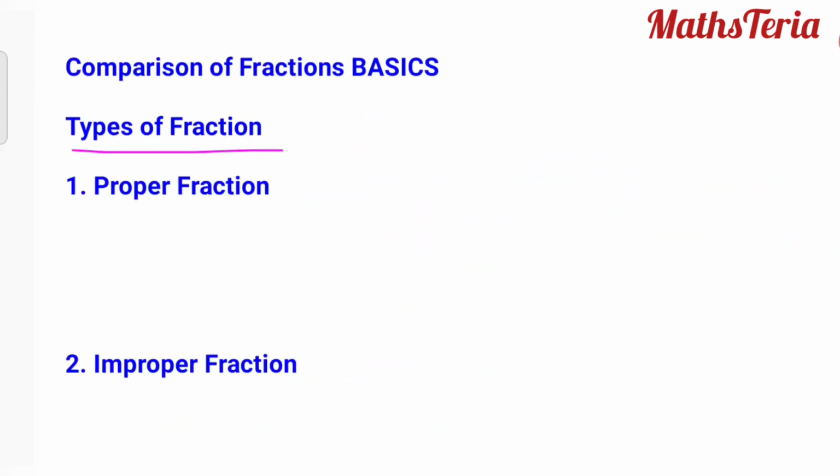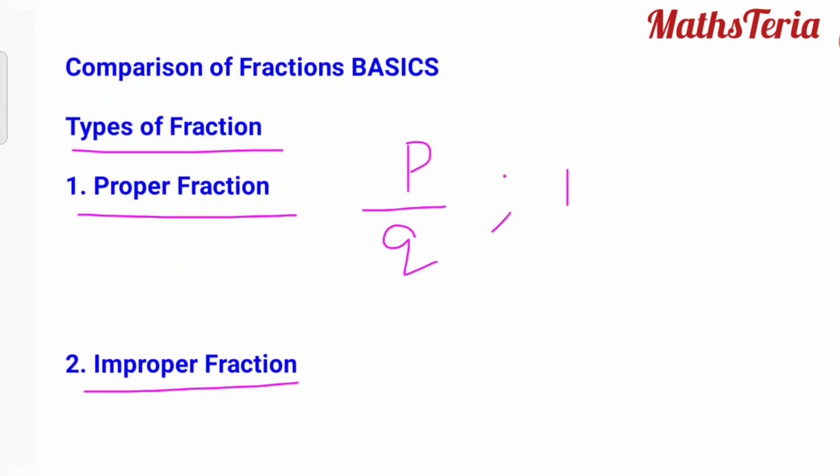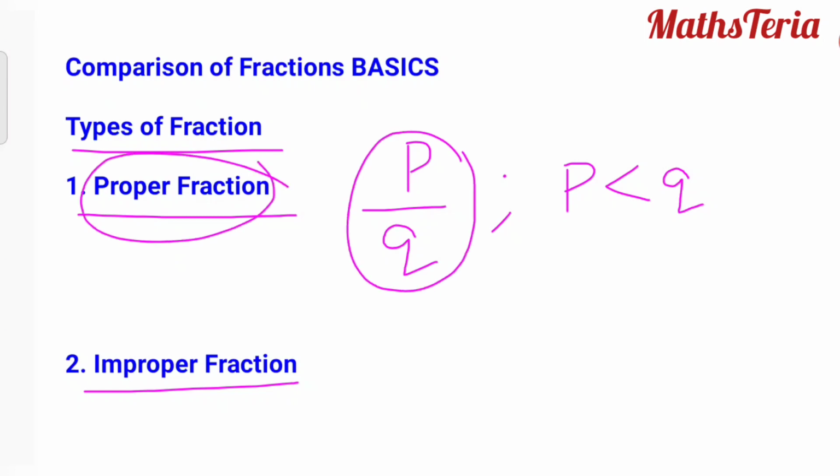Types of fractions. There are two types of fractions. The first one is called proper fraction and the second one is improper fraction. As we know that a fraction can be expressed in the form of p by q. Now, if p, that is numerator, is less than q, that is denominator, then this fraction is a proper fraction.